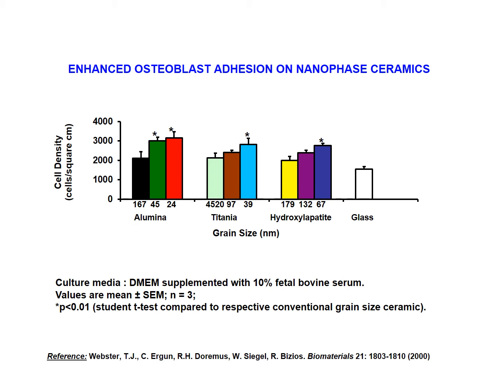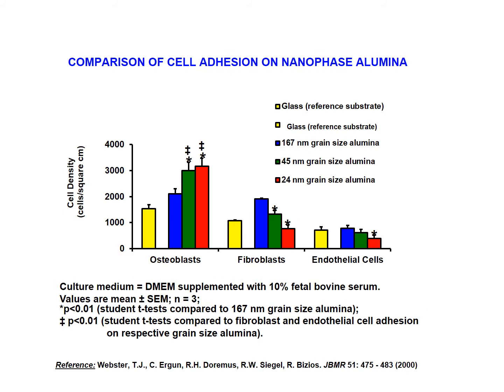However, there were some additional results which continued our excitement about this particular study. The results which added to the excitement were those related to the specificity of the interactions of only certain cells and not every cell with the nanostructure ceramics.